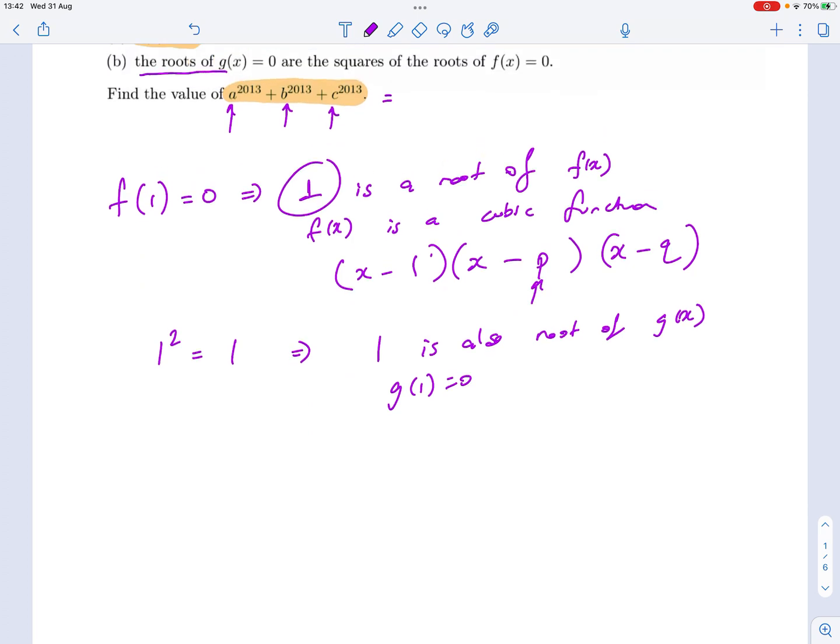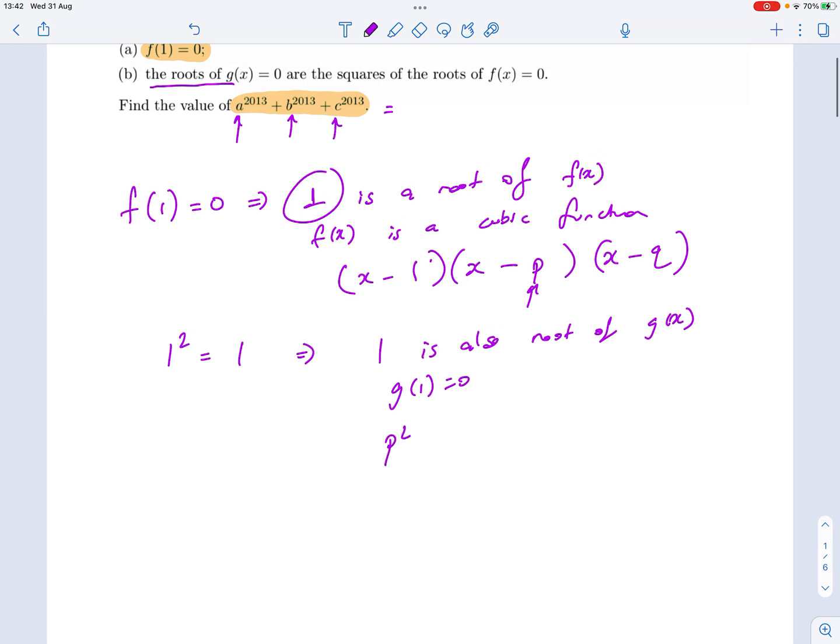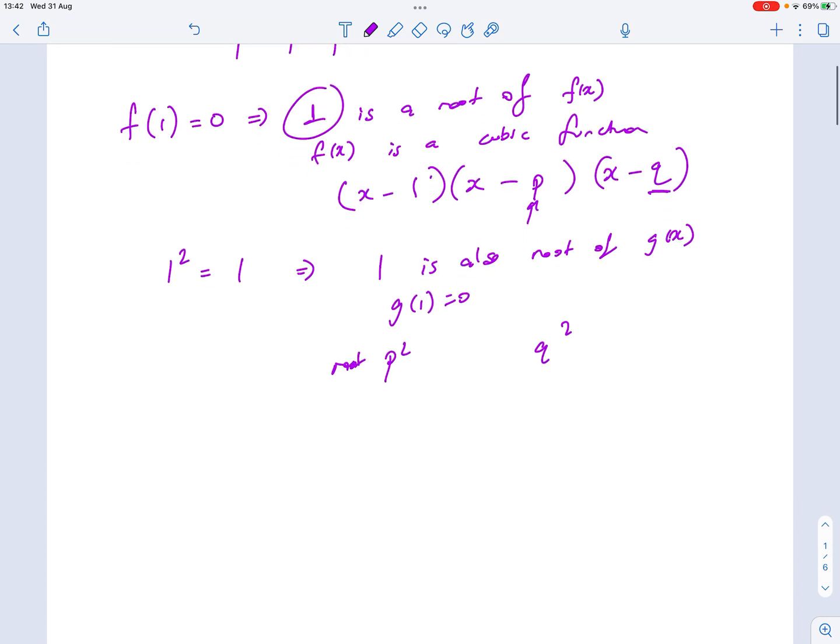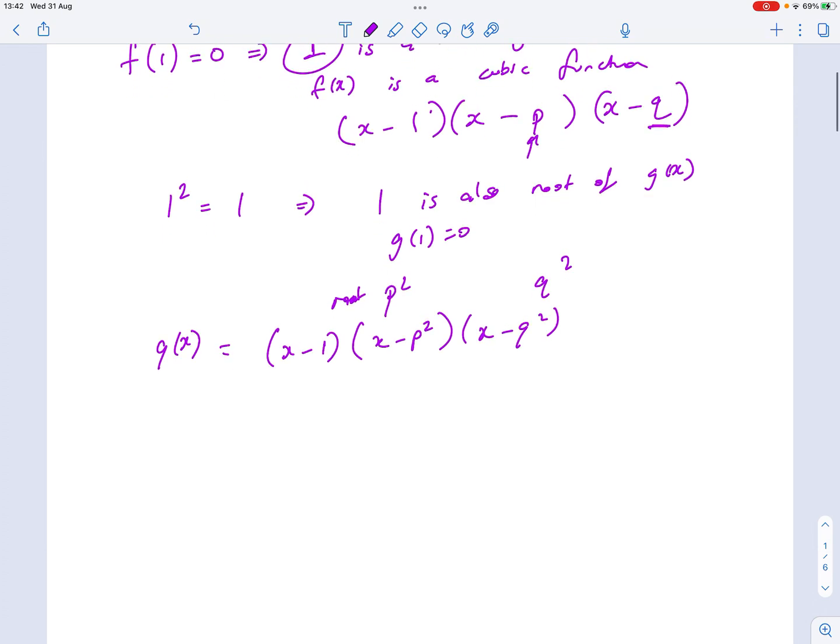And the root p in f of x will be p squared in g of x. And also the root q in f of x will be q squared in g of x. So we can write g of x as x minus 1, x minus p squared, x minus q squared.